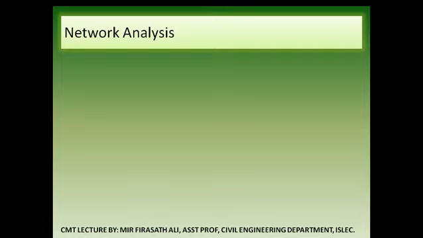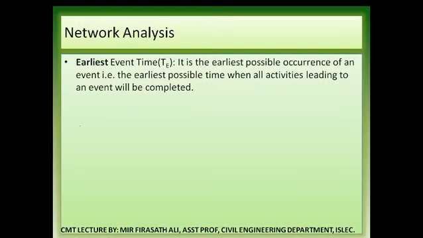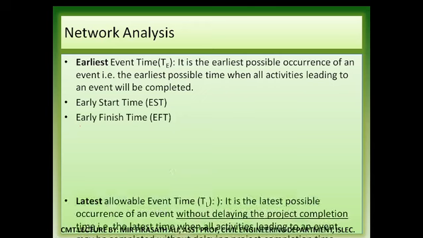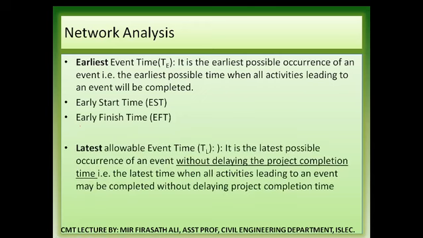Let us begin: network analysis. In network analysis, we have earliest event times, that is nothing but earliest start time and earliest finish time, and we have latest allowable event time. We have latest times, that is nothing but latest start time and latest finish time.